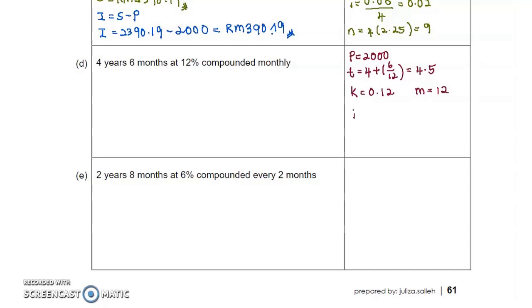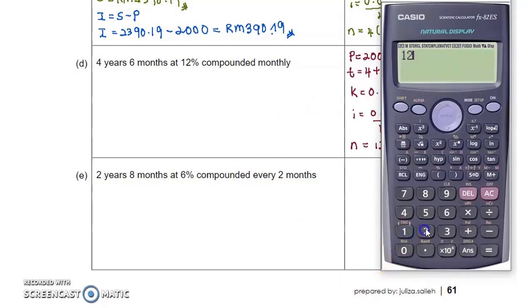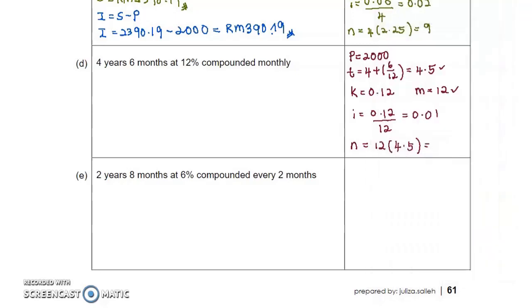Again, calculate the interest rate for each interest period, meaning every month, how many percent. So i equal to k over m, so i is 0.01. Every month is 1%. In 1 year, we calculate interest 12 times. If 4.5 years, how many times? 12 multiplied by 4.5, so 54 times.